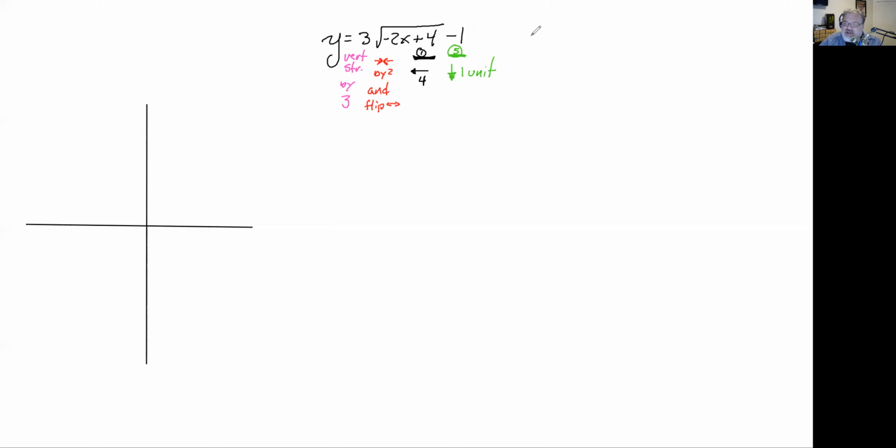So the order I tend to recommend is do the horizontal shifts first. And since you're dealing with stuff on the inside anyway, do the horizontal compressions, then do any reflections, horizontal, and then presumably vertical if you've got any.